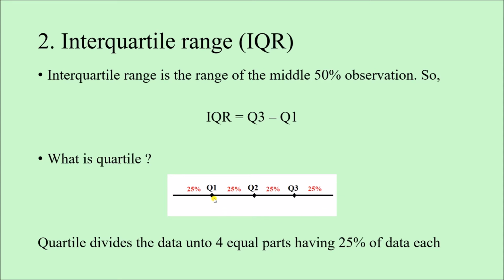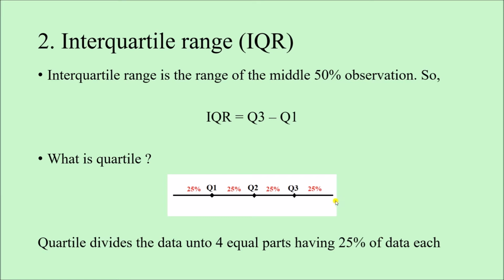We have identified 3 points on this data set, Q1, Q2 and Q3. These are basically first quartile, second quartile and third quartile. Now these points divide the entire data set into 4 equal parts. So 100% data, 4 equal parts means each part will be having 25% of the values or observations.